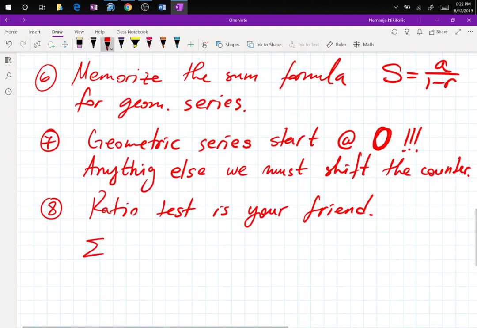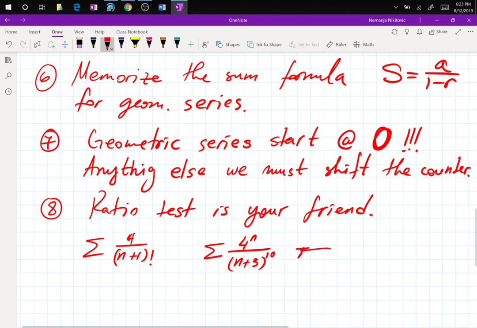So, summation of 4 over n plus 1 factorial, that's ratio. Summation of 4 to the n over n plus 3 to the 10, that's also ratio.